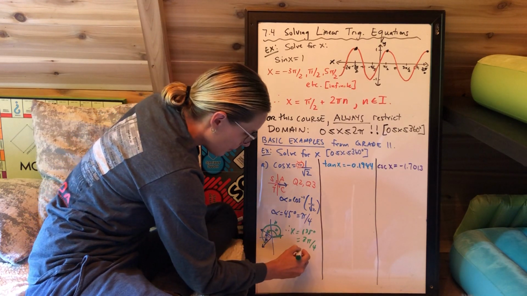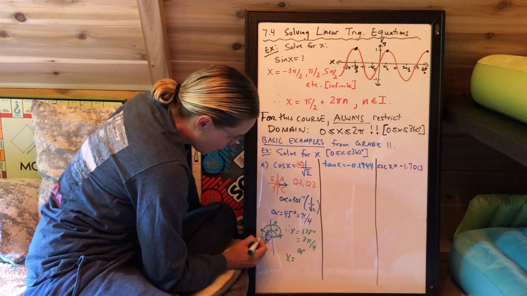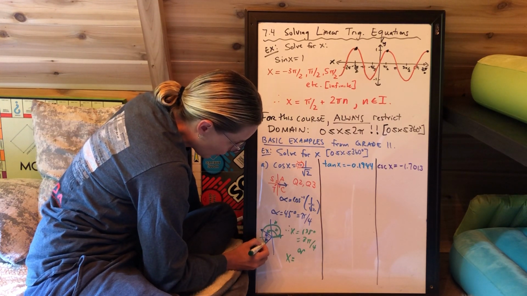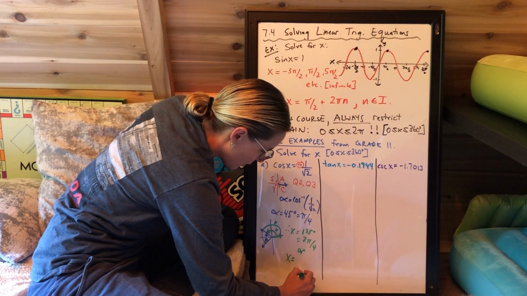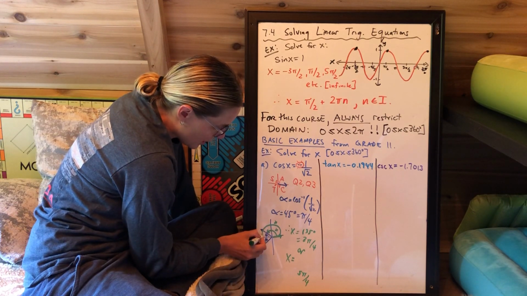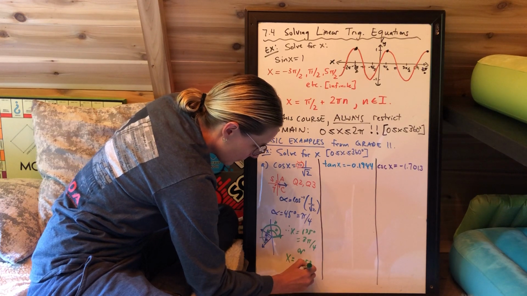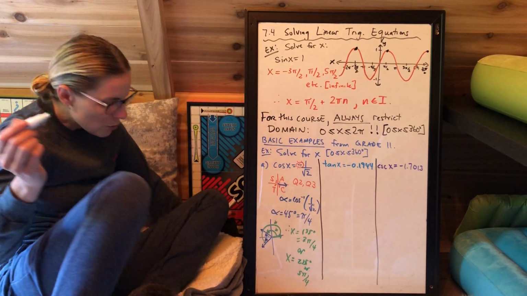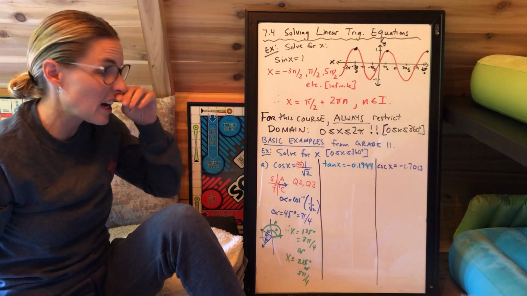The other acceptable answer is to go all the way around. So you go all the way to pi and you add another pi by 4. So that's 5 pi by 4. I'm going to do that answer second. And then the angle would be, in degrees, 180 plus 45, 225.